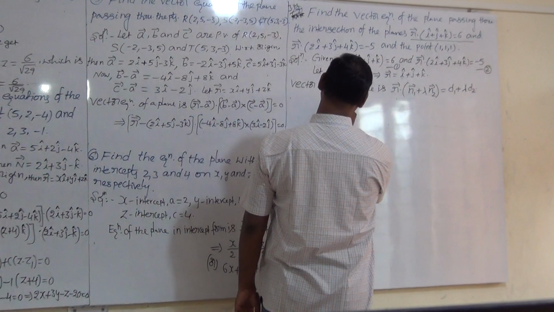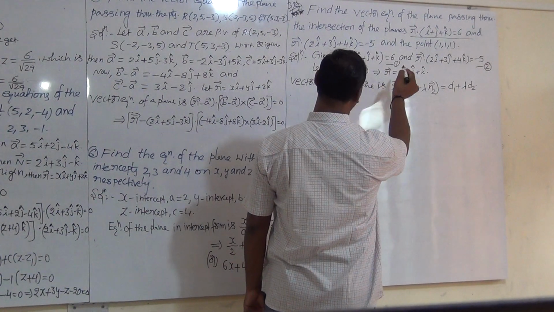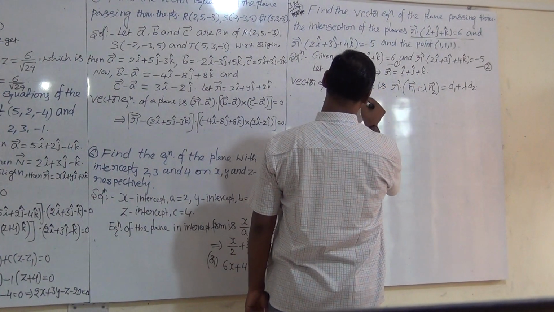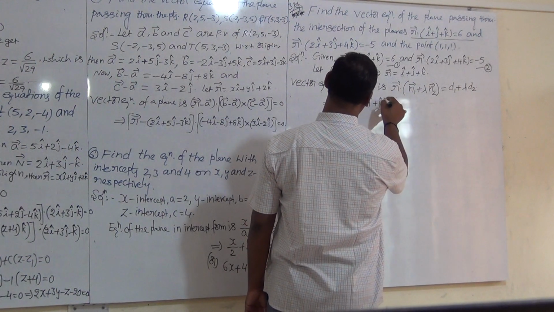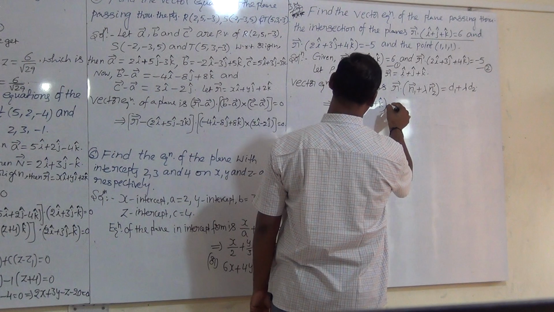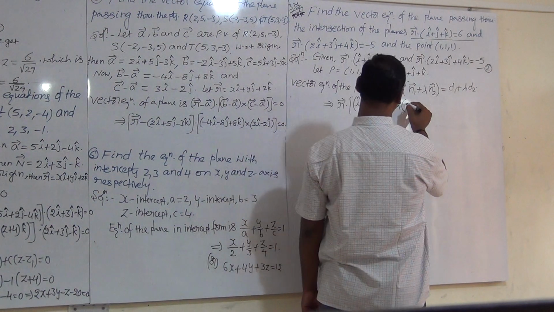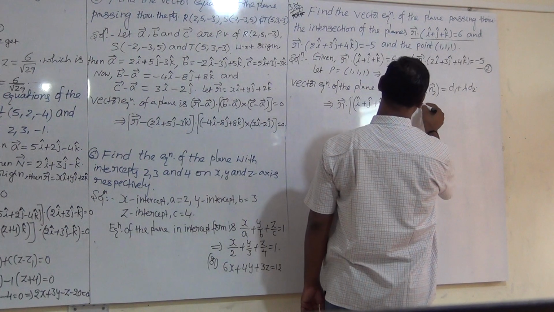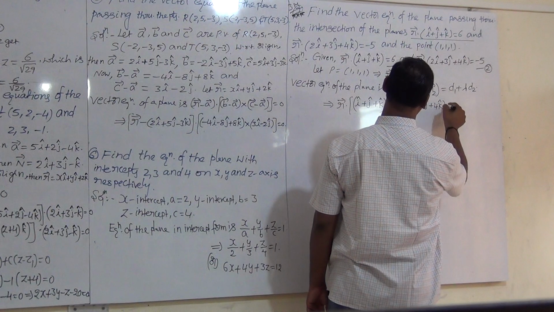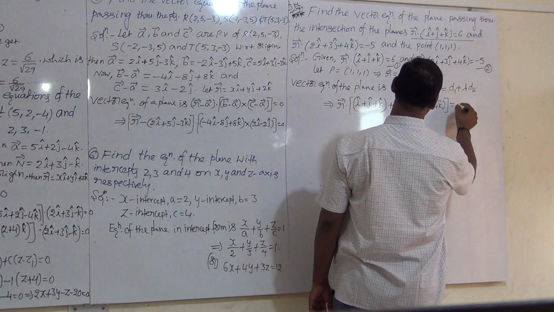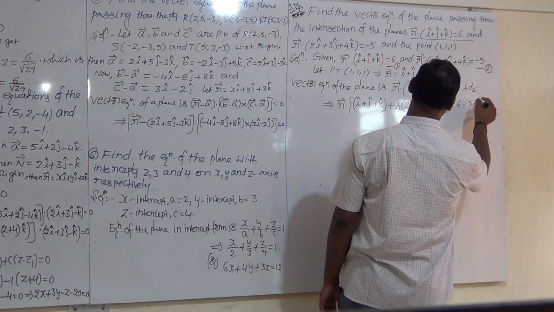This implies r bar dot (n1 vector, that is i plus j plus k, plus lambda times n2 vector, 2i plus 3j plus 4k) is equal to 6 minus 5 lambda.